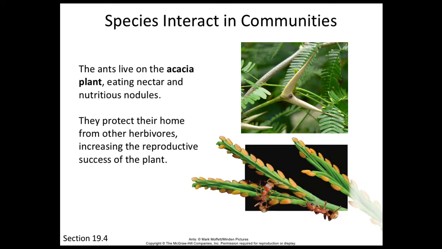What does the plant get as a reward for these nectar food sources? The plant gets protection, because if an animal comes and tries to eat the leaves off of this acacia tree, the ants will attack in great numbers, biting the tongue of the animal. And so in this way, both plant and these ants get this very beneficial, symbiotic, mutualistic relationship.